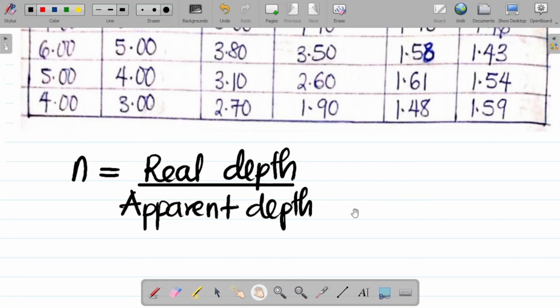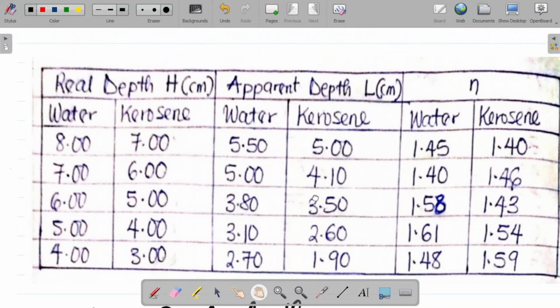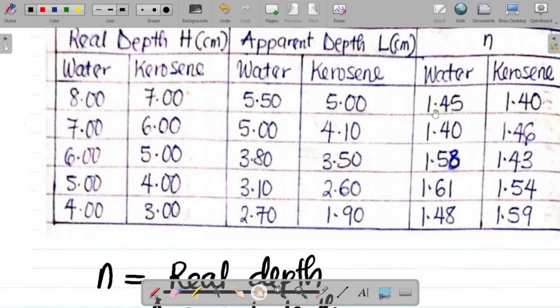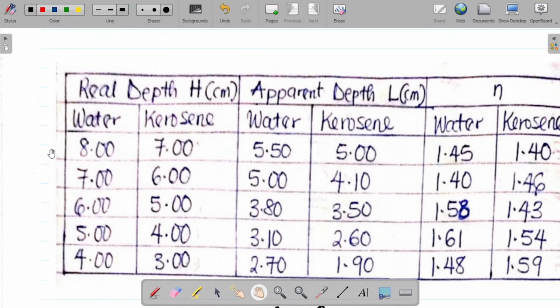All right, so you have this. Hence, to find N for each of them, I'll just divide the value of the real depth by the apparent depth for water and kerosene in each case. Let me take an example. To get 1.45, go to the real depth, taking the first row.